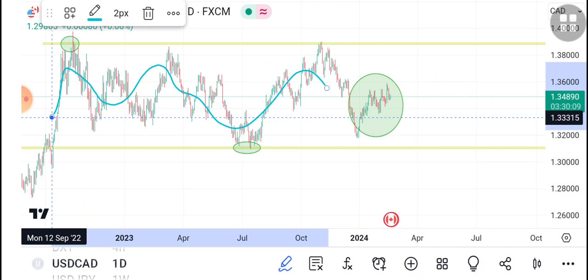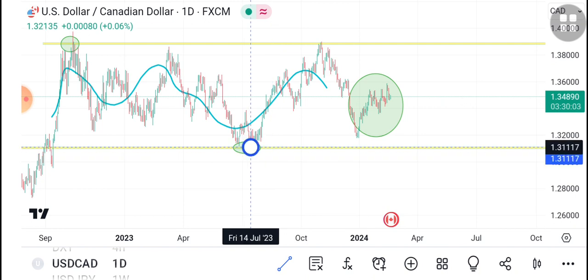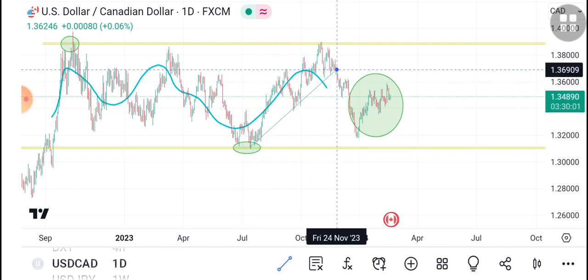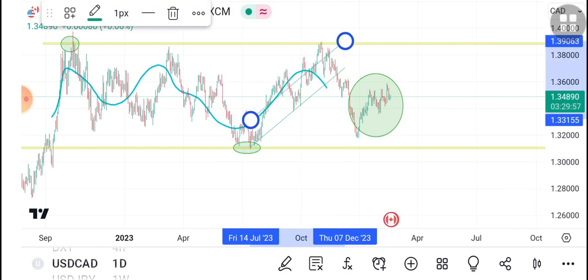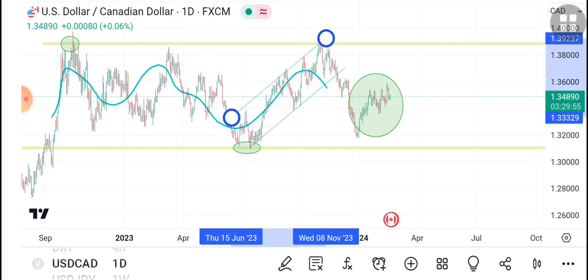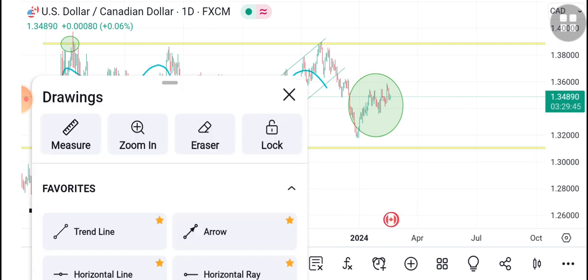For example, I can see that we have an uptrend here, and the uptrend has already been broken. What good is it to me now, because the market is never gonna reach that point again?